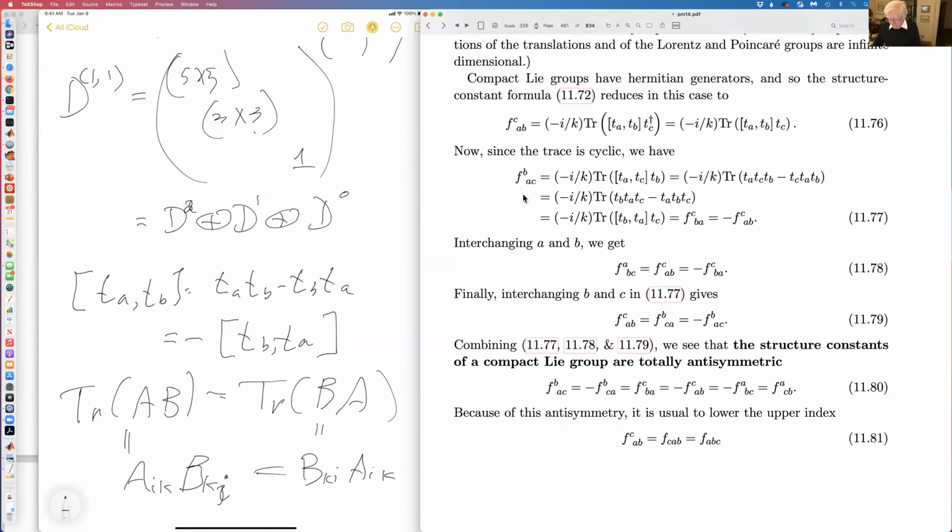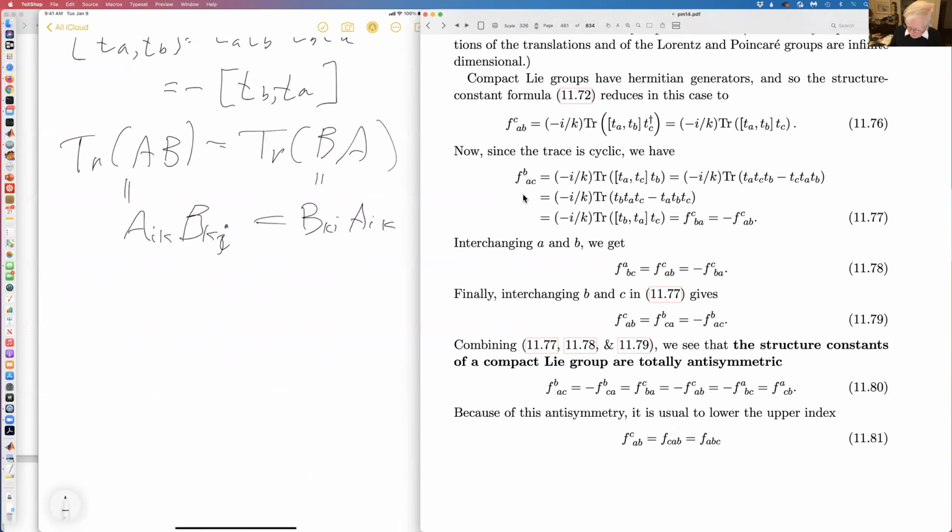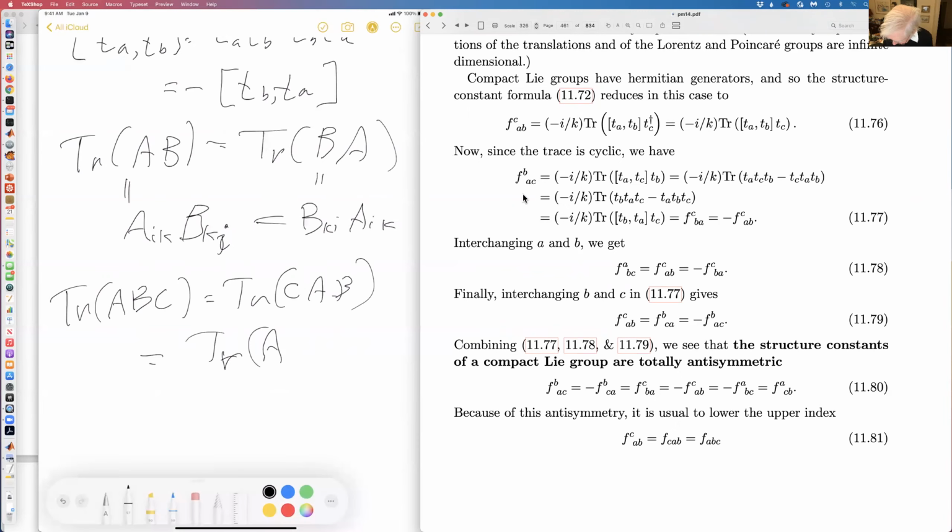So that means you can always say trace ABC is equal to trace CAB is equal to trace BCA.